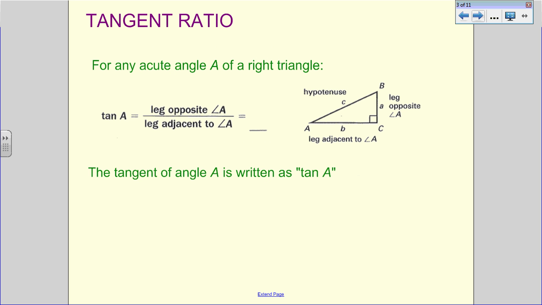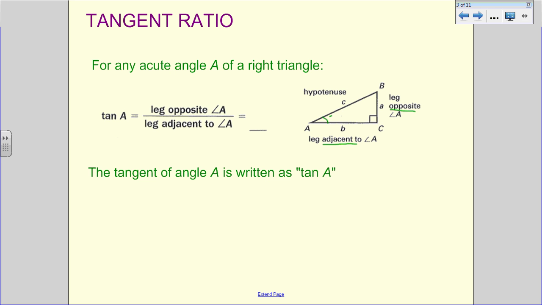All right, so if we take a look at what the tangent ratio is, for any acute angle A of a right triangle, we're going to specifically focus on angle A here. It's the leg opposite angle A over the leg adjacent. So it's opposite over adjacent. We're going to talk about some ways of helping us remember these, some memory devices.